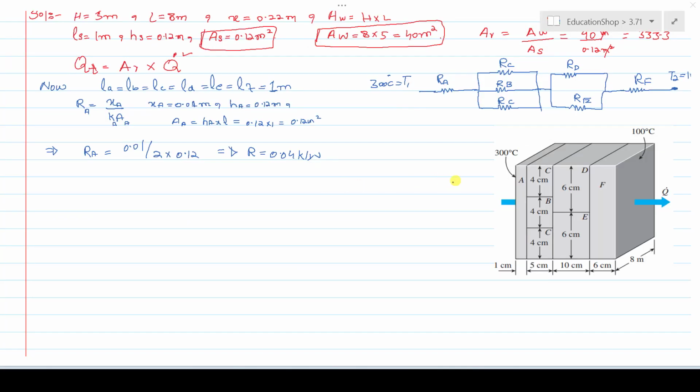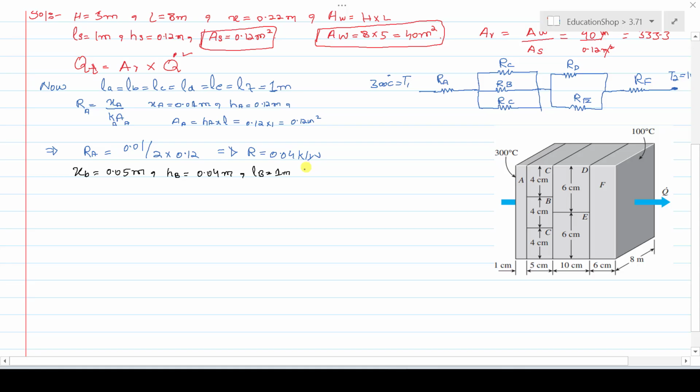Okay, next we need to find the resistance that is offered by section B. So we need to know the thickness of section B, that is XB, and it is 5 centimeters. Divide by 100 to convert into meters, so you will get 0.05 meter, and the height of this section is just 4 centimeters. So it means that HB is equal to 0.04 meter, and its length LB is equal to 1 meter, as we mentioned earlier.